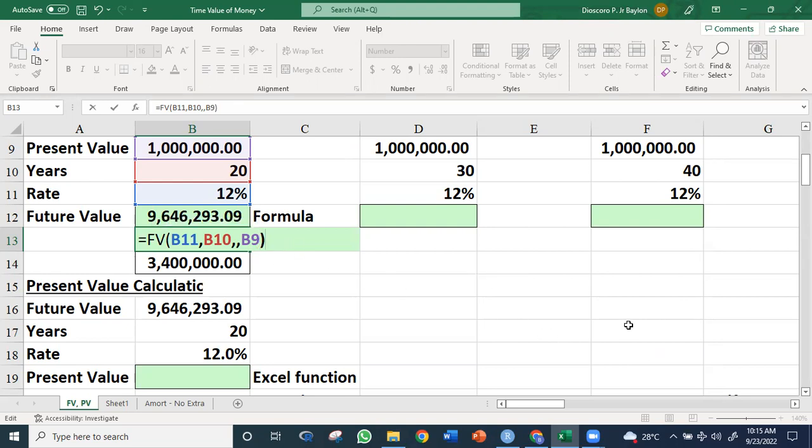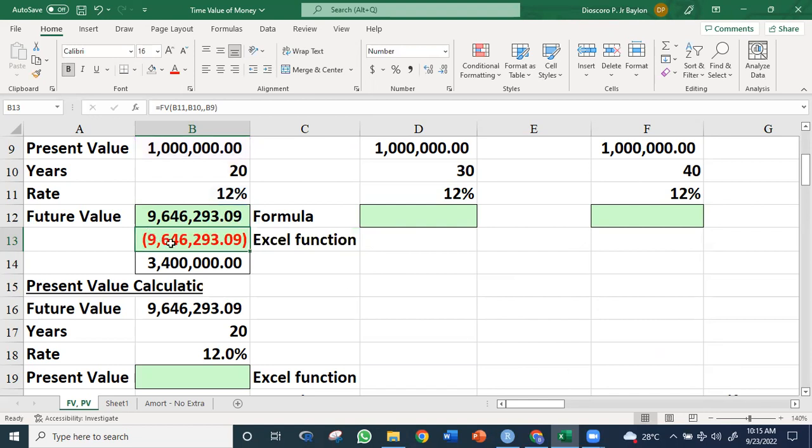All right, so this is now our FV function, future value. If you press Control Enter, we have 9,646,293.09, the same as before. Let me pause for a while and ask the class if you got a negative 9646. Please give feedback. You should be getting negative 9646.